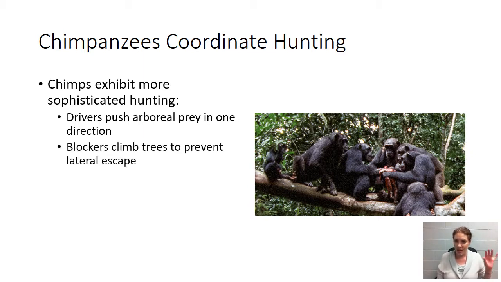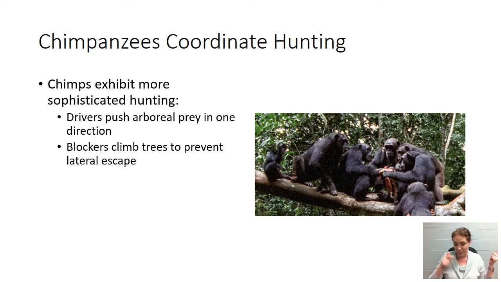So some other members of the chimpanzee group actually climb up the trees and block them to prevent lateral escape. So now your poor little prey item, whether it's a squirrel or another monkey, which is unfortunately common, it can run in basically this direction forward, but it can't escape to the sides or behind. So since this is up in the trees, we still have to think in 3 dimensions.